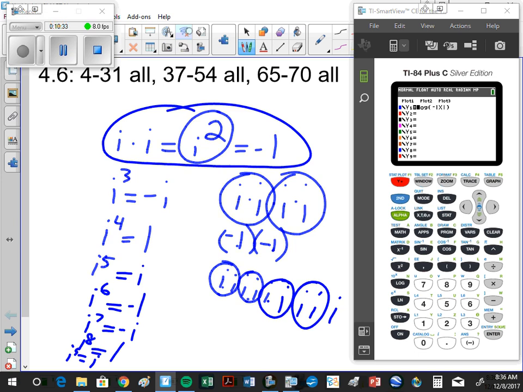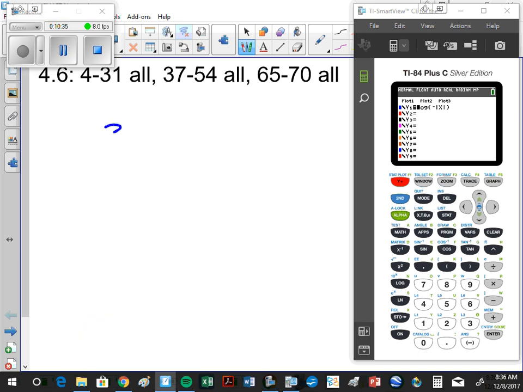Okay? So what would 3 times 4i equal? Well, I just multiplied in, and I get 12i. Okay? What is 6i times 3i?